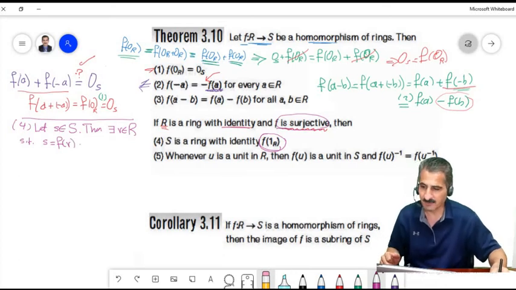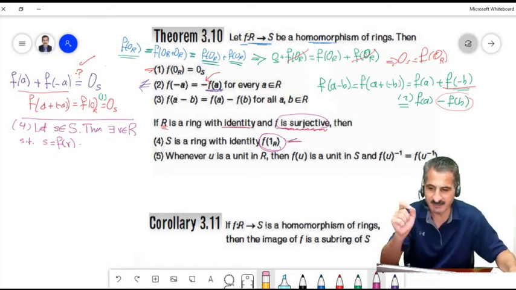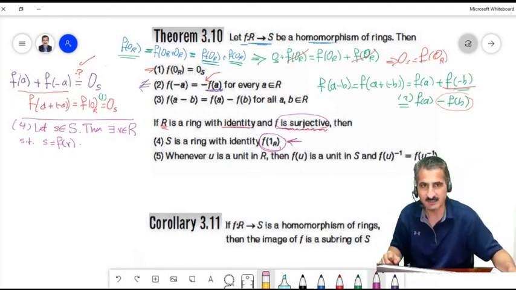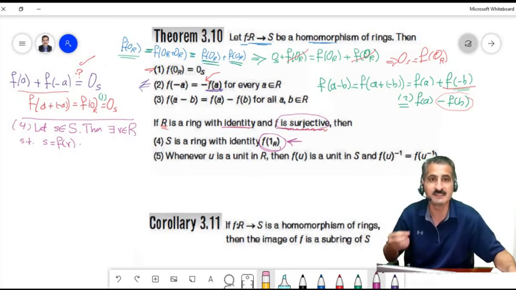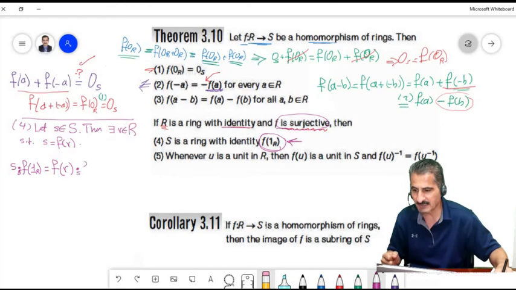Good? Okay. Now what do we want to show? We want to show that a small s multiplied by this element in here will keep small s as it is. So this will be the identity because the small s is an arbitrary element of the ring S. So let's see that. s multiplied, now this multiplication is in the capital S, by f of 1, the identity of R. It equals f of small r, because s equals f of small r, multiplied by f of the identity of R. But now we have a homomorphism.